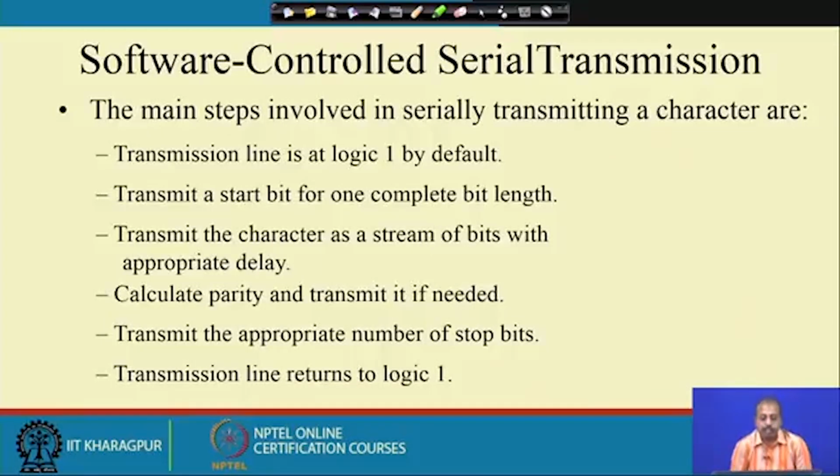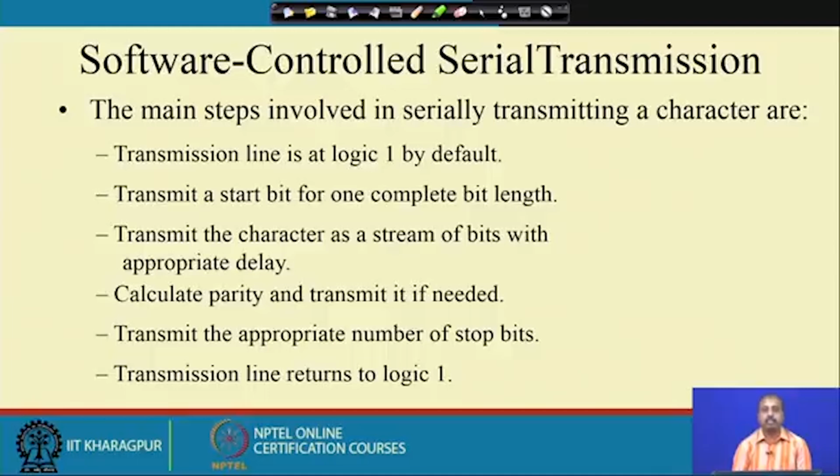From that we can send a start bit for that time, and then transmit the character as a stream of bits with appropriate delay. After transmitting every bit we have to wait for the bit time before changing to the next bit. After that we should calculate the parity and transmit it if needed, and transmit the appropriate number of stop bits.